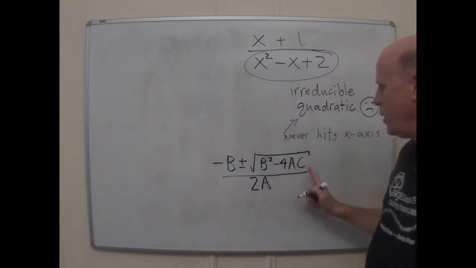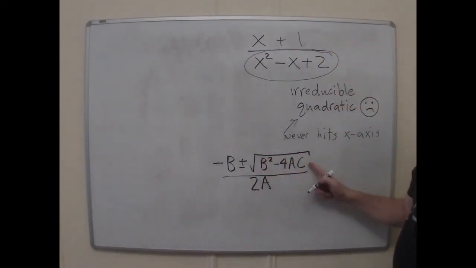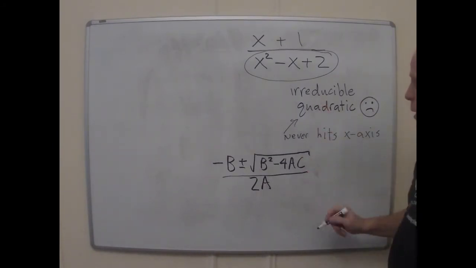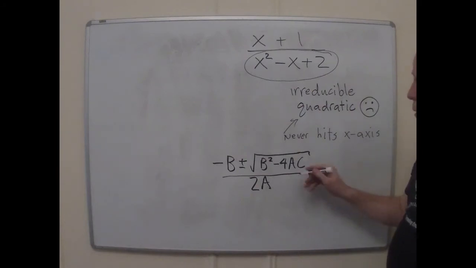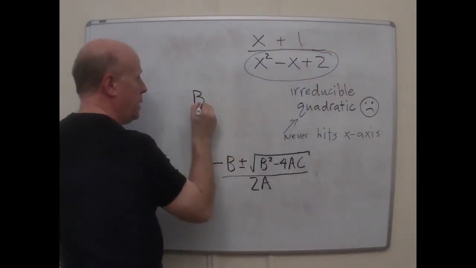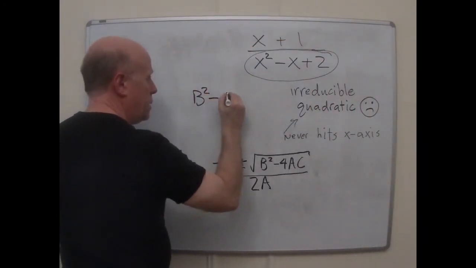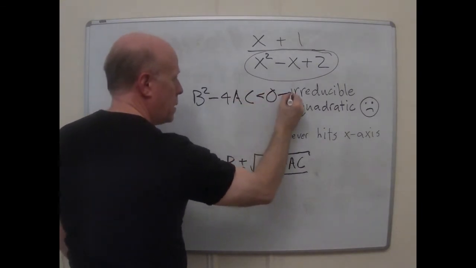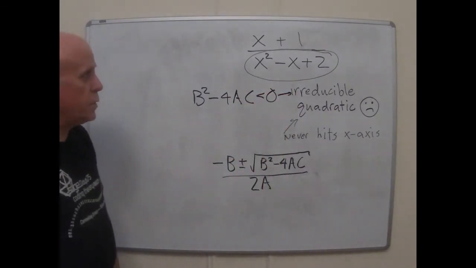If you have a negative number under that radical, that's when you get complex numbers as the solutions. And that's exactly when you're irreducible. So an irreducible quadratic is the same thing as saying that b squared minus 4ac is negative. That's what gives you an irreducible quadratic.